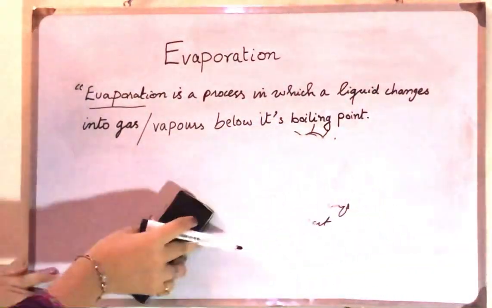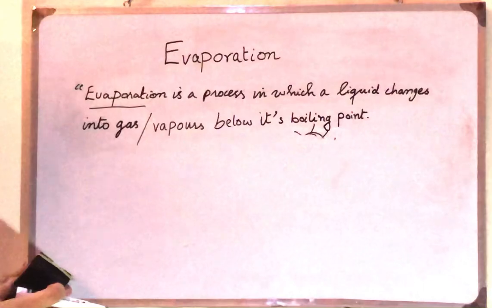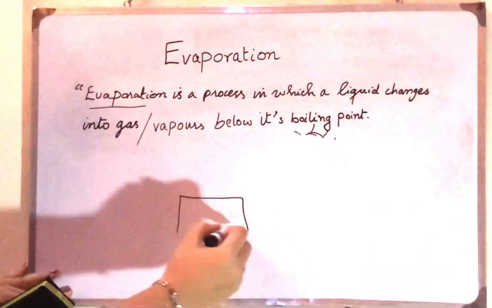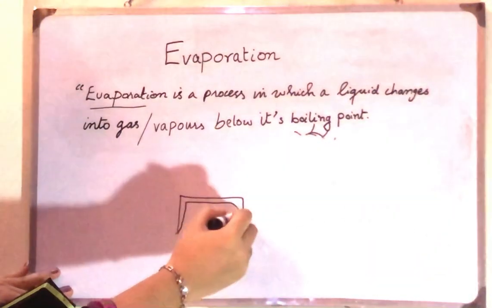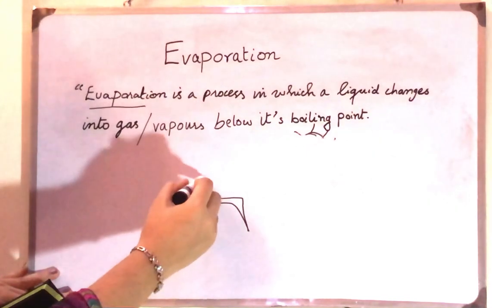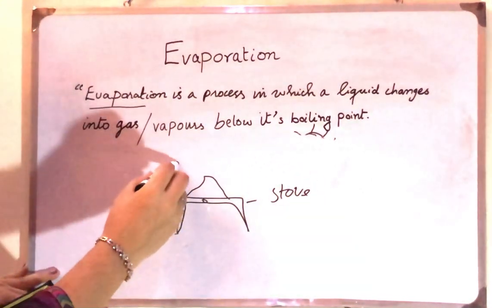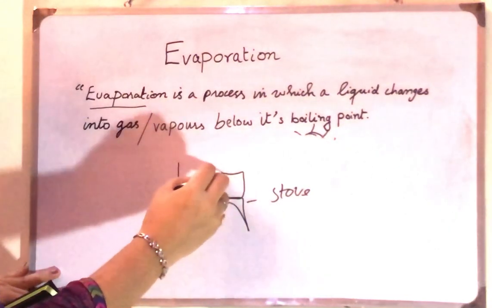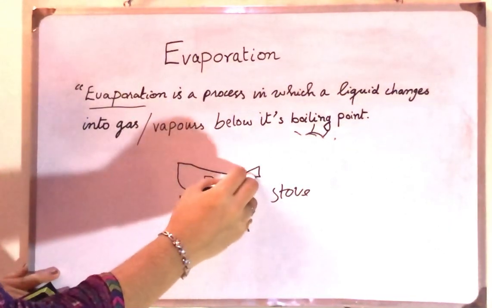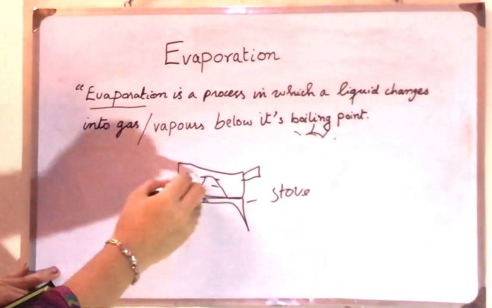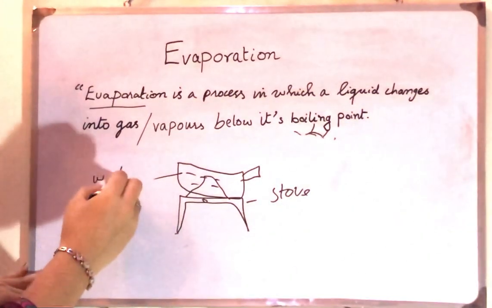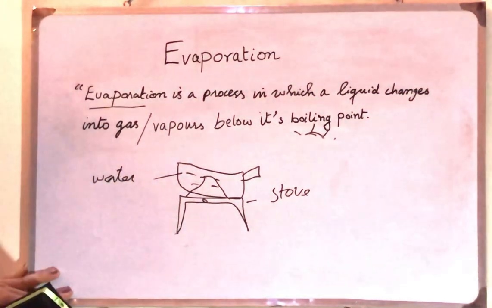Another example is that, for example, this is a stove, and you have got a pan over here. In it there is water, which is being constantly heated.